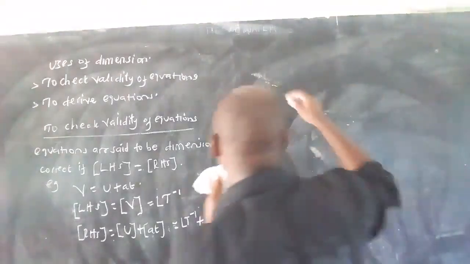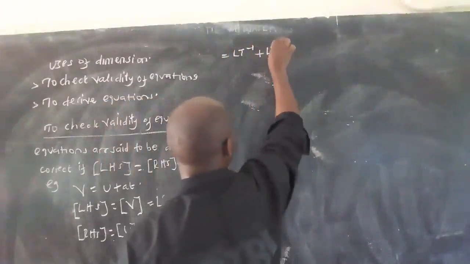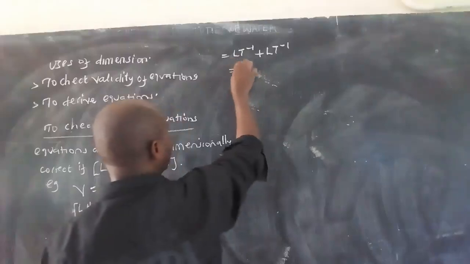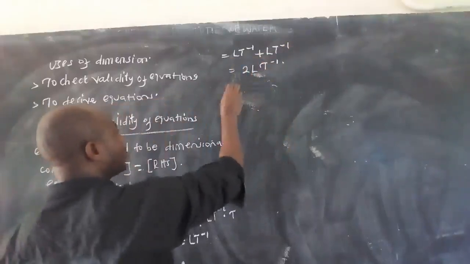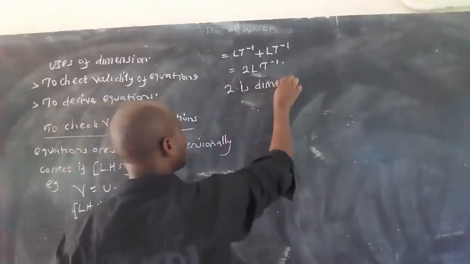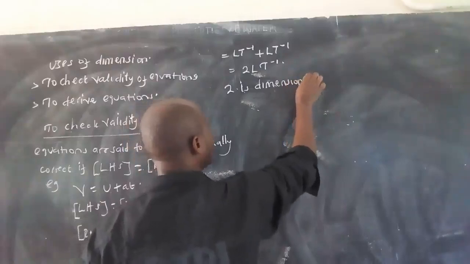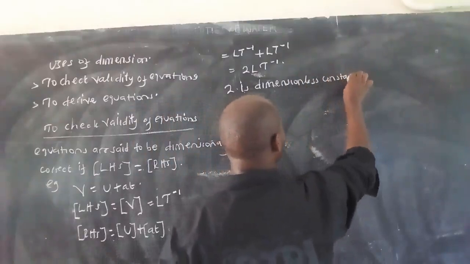So it will become L t negative 1 plus L t negative 1. When you add them, these are two L t negative 1. Then 2 is a dimensionless constant. It has no dimensions.